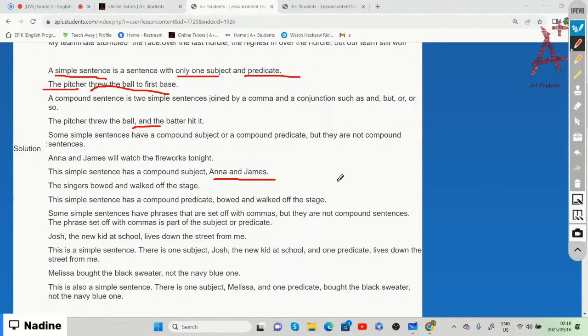It's the action that takes place. So if we have a compound predicate, it is where we have, let's say, two verbs. So it's a verb and another verb. Then it means that we have a compound predicate also. So, bowed and taught.